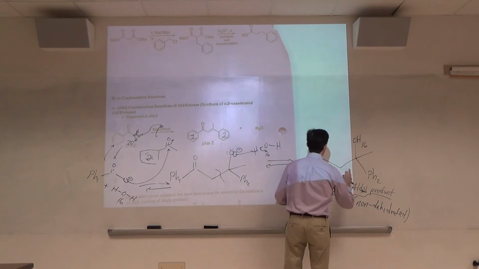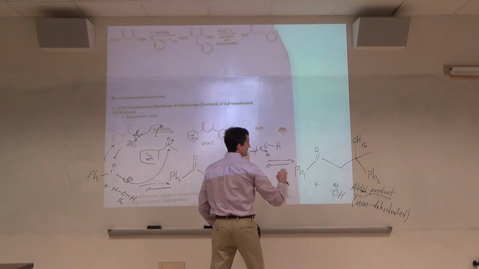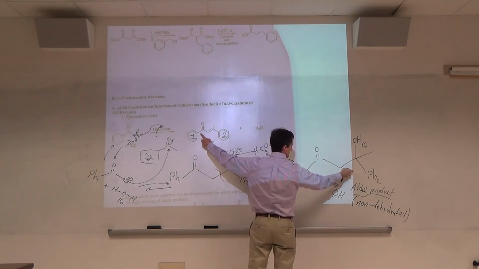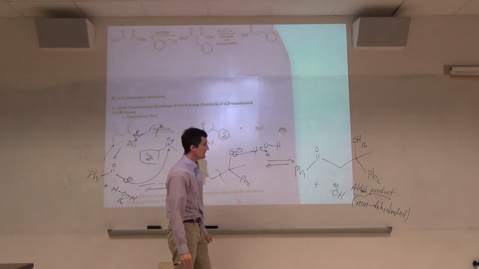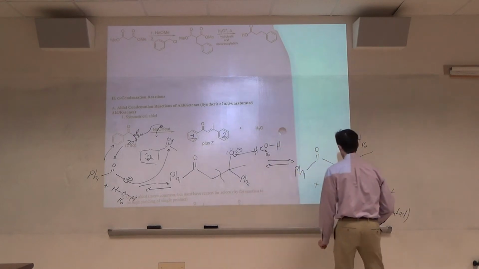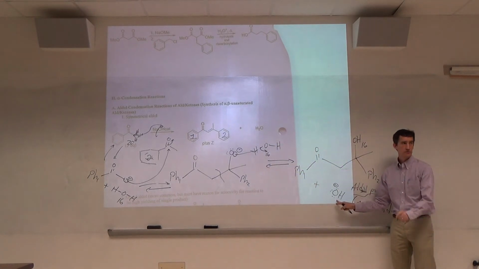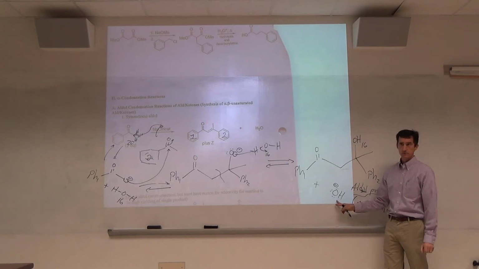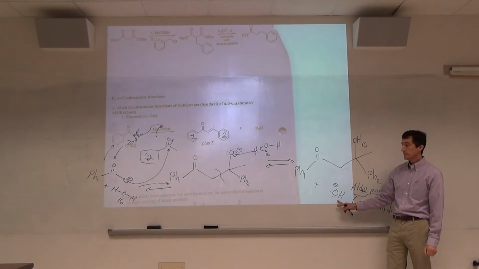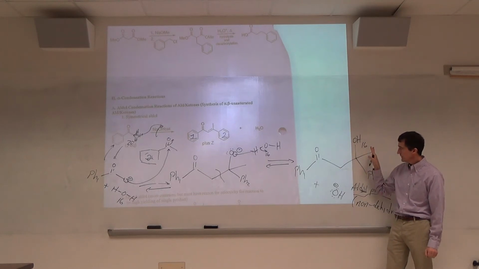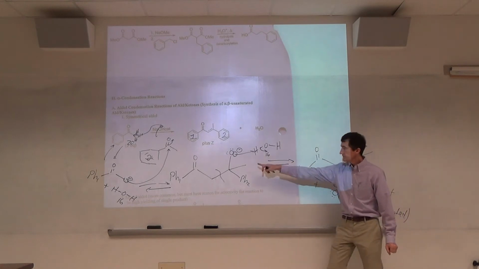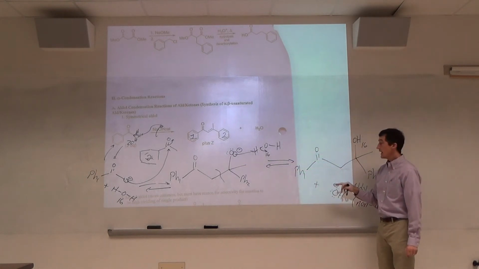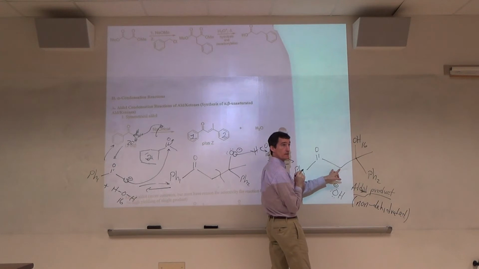OL, alcohol. Okay, how do we get to this? From here to here, what do we have to lose? I lose water. How are we going to do it? We've got hydroxide. I told you at the end of the quiz, anytime you can do acid-base, that's what you're going to do. Do we have acidic H's here? This could take that H, but you're going backwards. How about that H?